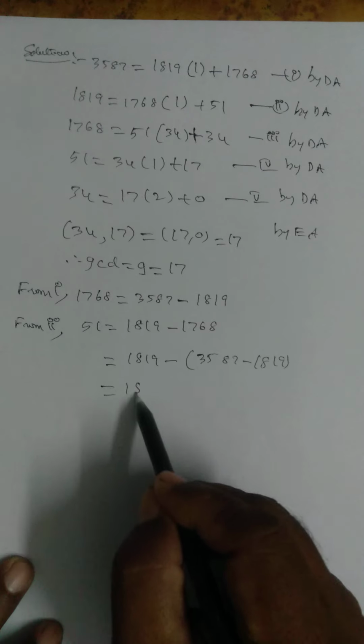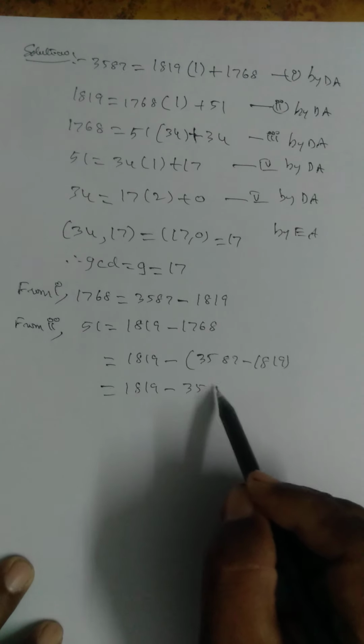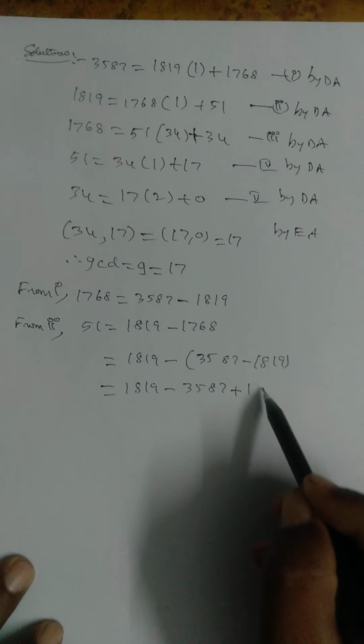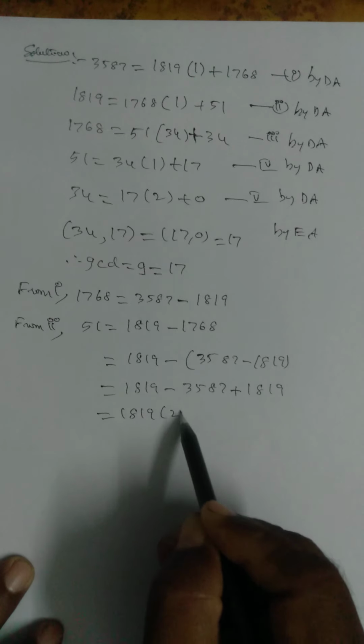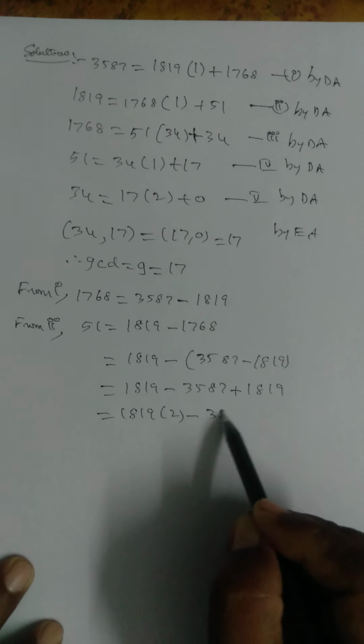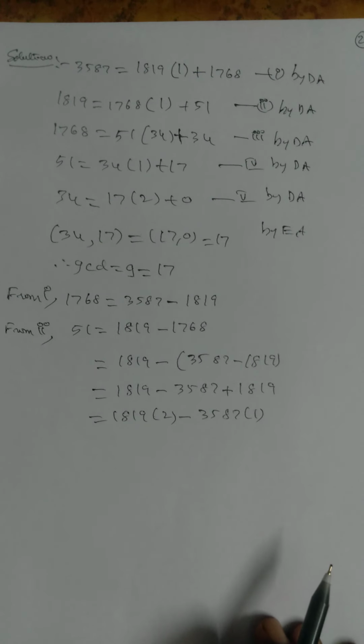So 1819 minus 3587 into minus plus 1819. So 1819 into 2 minus 3587 into 1. This is the 51 value.